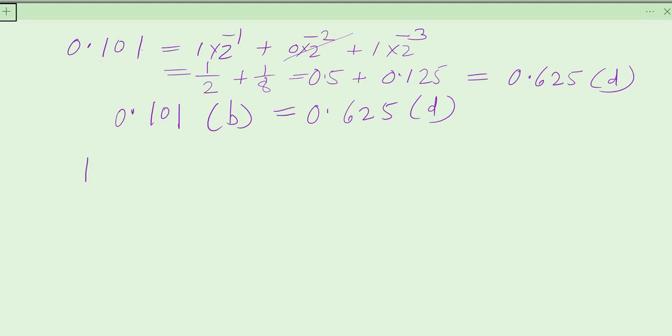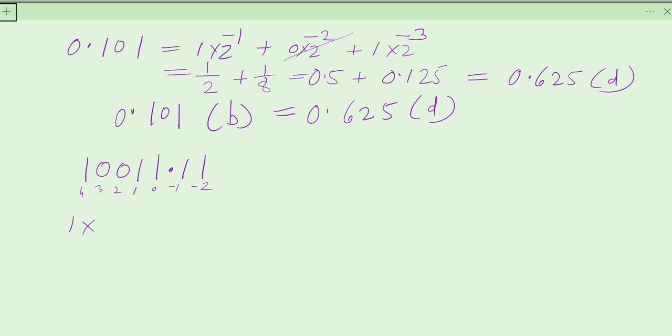Suppose 110011.11 is the number. Let's expand this. 0, 2 raised to 0, 2 raised to 1, 2 raised to 2, 2 raised to 3, 2 raised to 4, 2 raised to 5, minus 1, minus 2. Let's have a smaller number, suppose 10010.11.